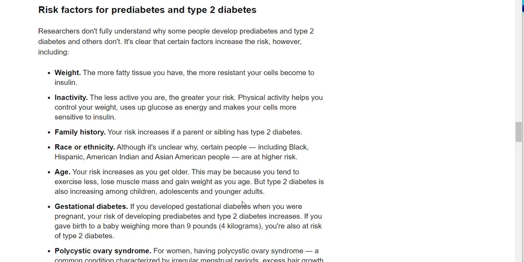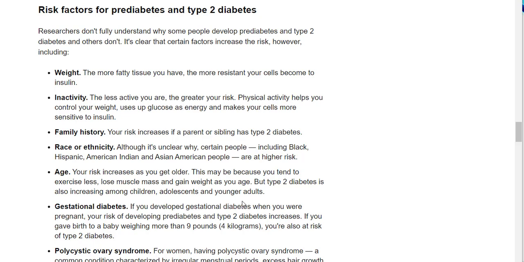So when you're screening for diabetes, the first step is to assess risk factors. And the risk factors for prediabetes and type 2 diabetes, because that's what we're concentrating a little bit more on in this presentation, are here on my screen.